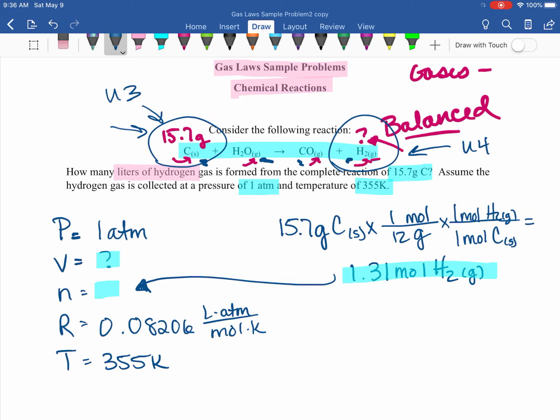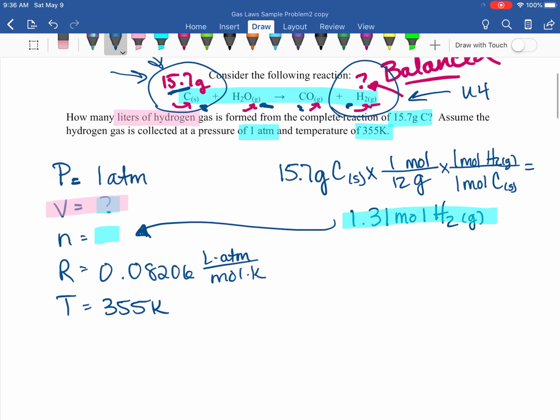If we're going to solve for how much hydrogen we make, we're going to solve for that in terms of volume in our gas. So we need to use our ideal gas law anytime you've got a reactant or product that's a gas, but you can still convert to moles if you have grams of a solid. So we just combine two concepts there.